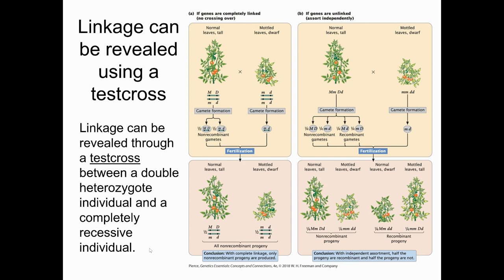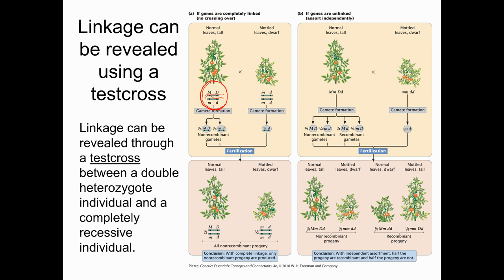On the left side, they actually lay it out. They lay the alleles out as if they're on those chromosomes. And the alleles could be in different orientations. In this example, they have the big M allele on the same chromosome with the big D allele, and the little m allele on the same chromosome as the little d.